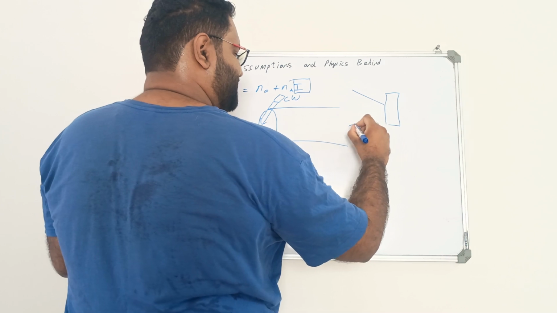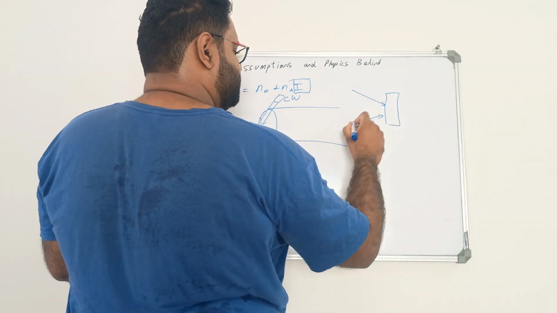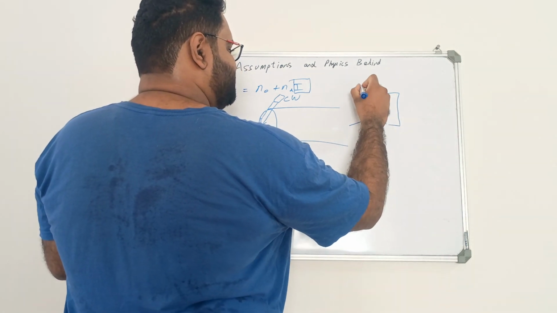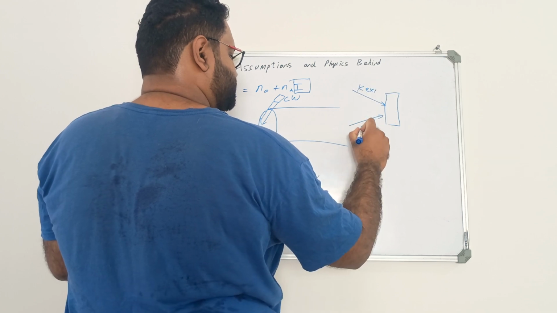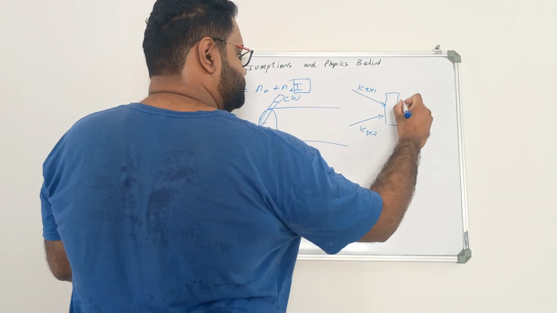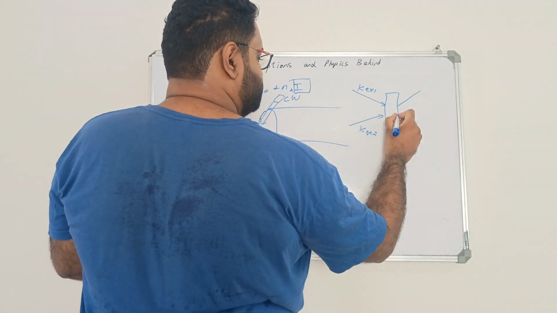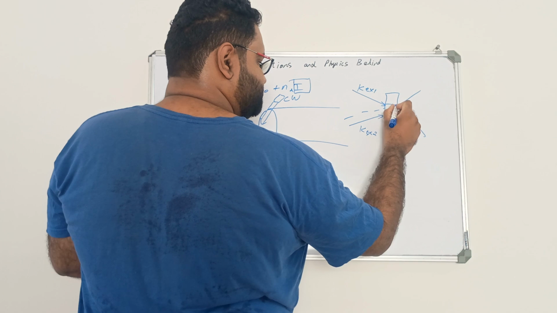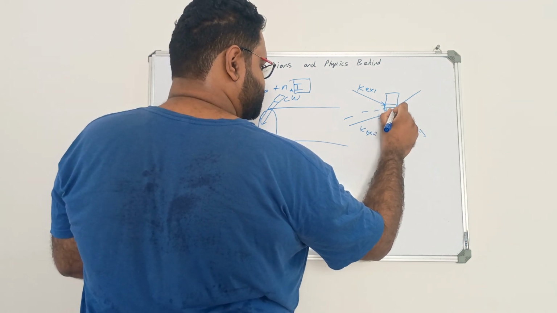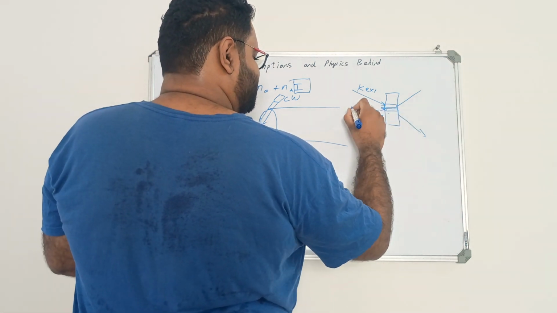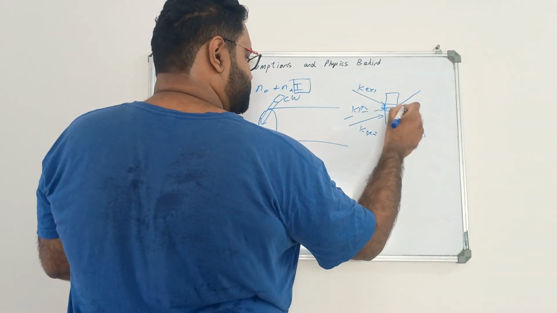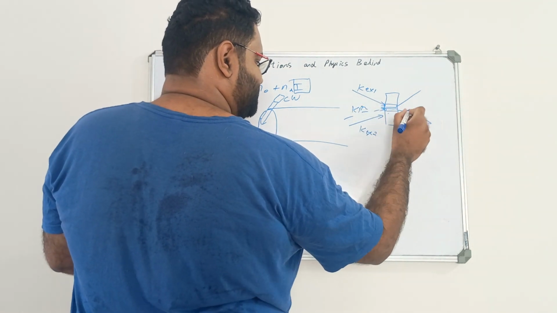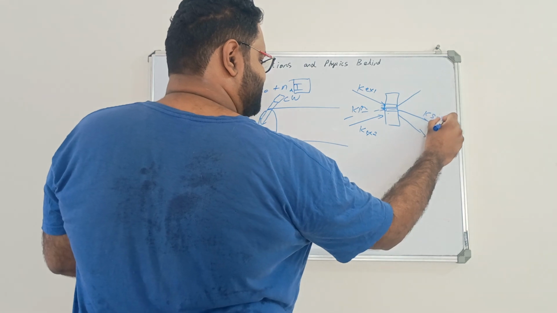We have two strong lasers, so this is KEX1, KEX2. This actually forms a grating of some sort. And then this is the K probe. This is the K signal.